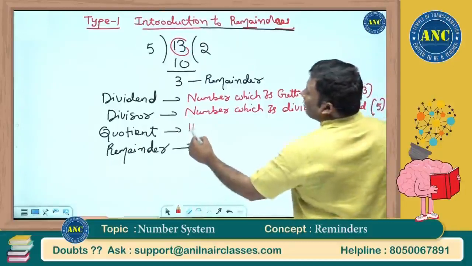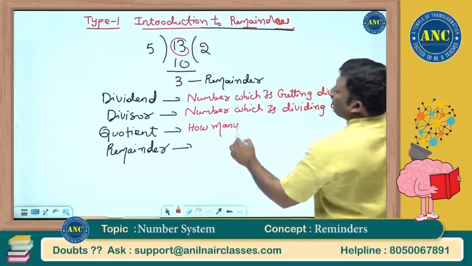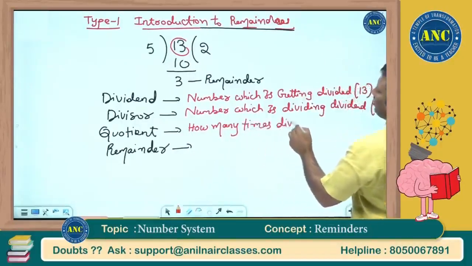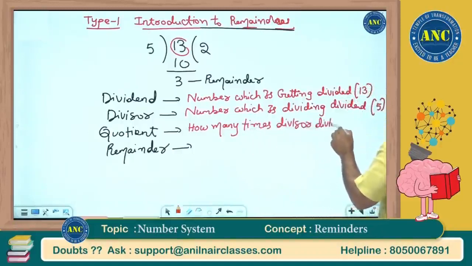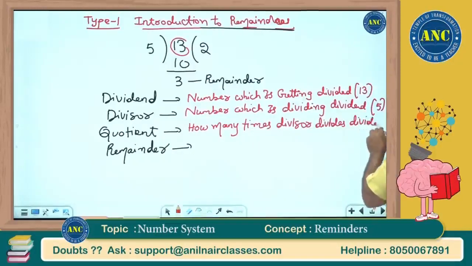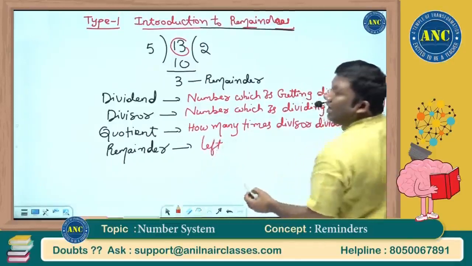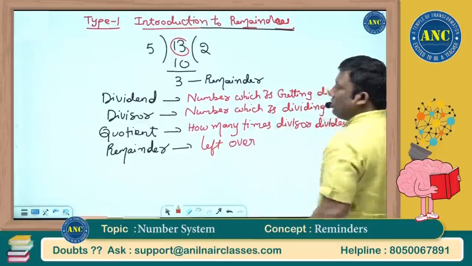How many times does a divisor divide the dividend? That is nothing but quotient. Remainder is derived from remaining, which is nothing but leftover.